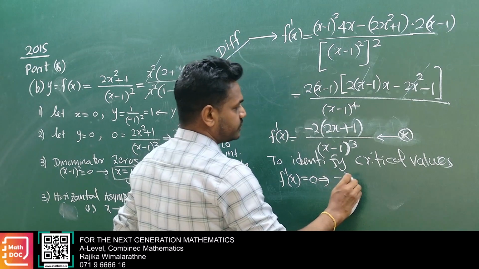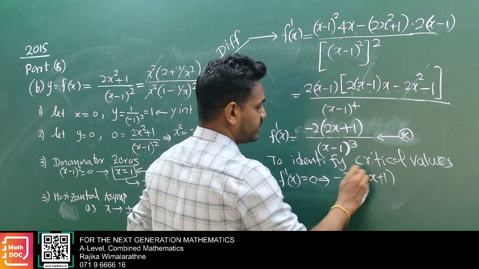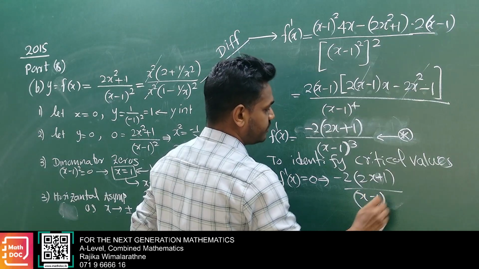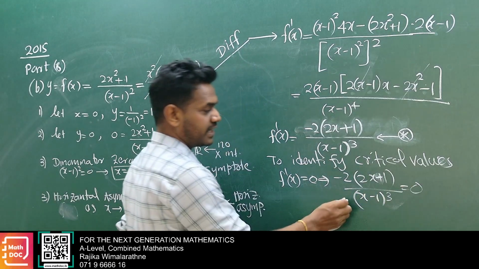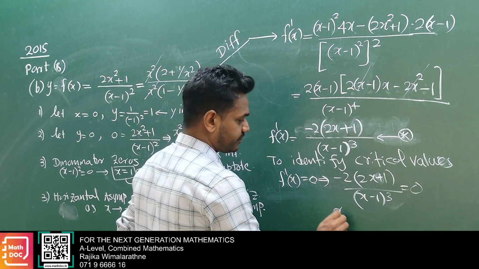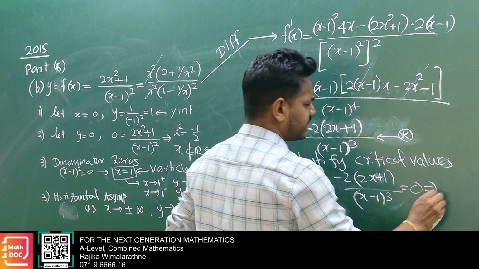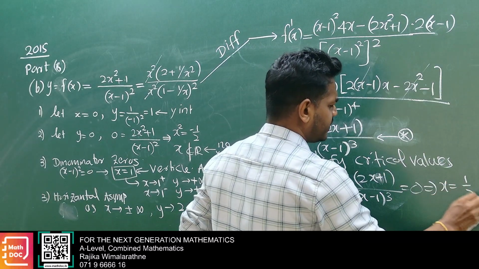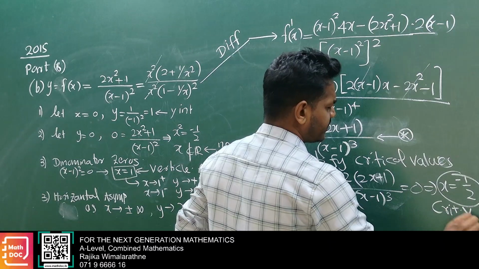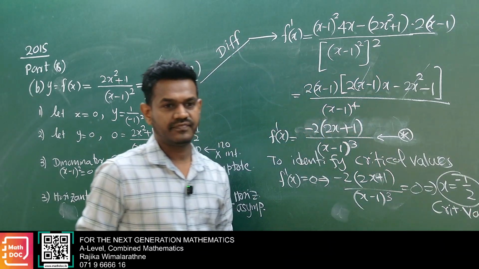Now here minus 2, 2x plus 1 over x minus 1 cubed equals 0. Now we can get one value here, that is x equals minus half. We get x equal minus half. We call this a critical value.